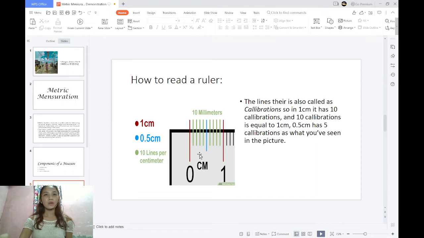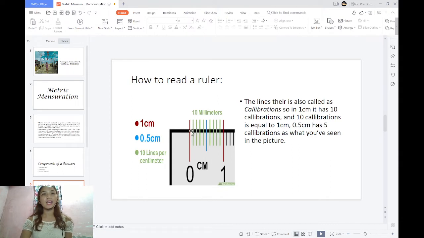So how can we identify which is the calibration, which is the number, and what is the unit of measure? This is the calibration, this 10 millimeters. This is what we call the calibrations. How can we know it is a calibration?